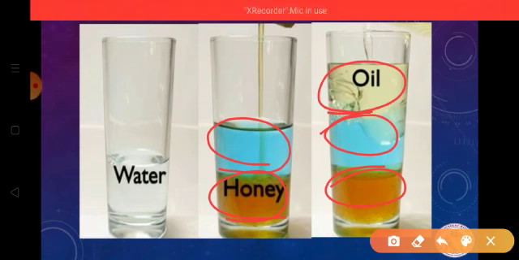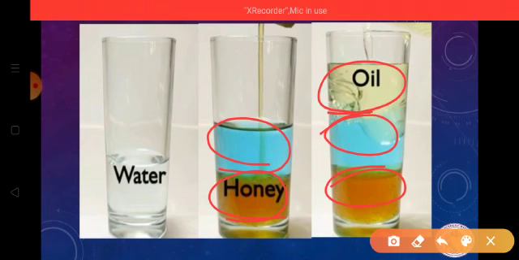Okay, why is it so? Different substances have different density, which means for the same volume, different substances act differently based on their weight.